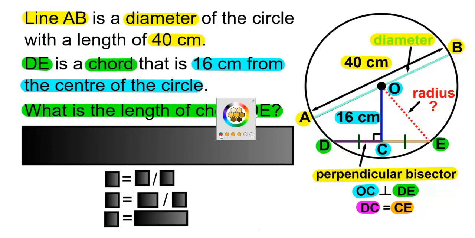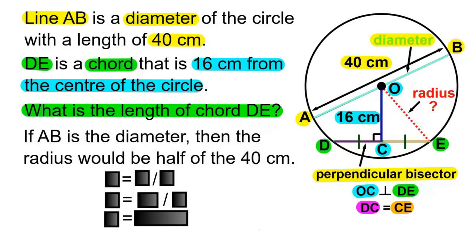So what is the radius? If line AB is the diameter, then the radius would be half of the 40 centimeters.